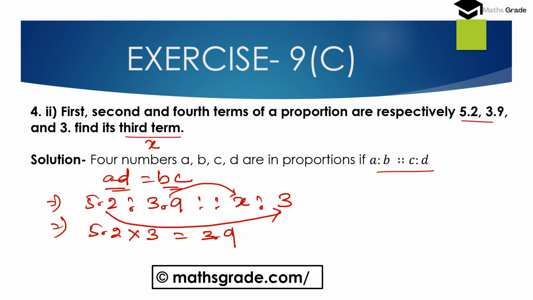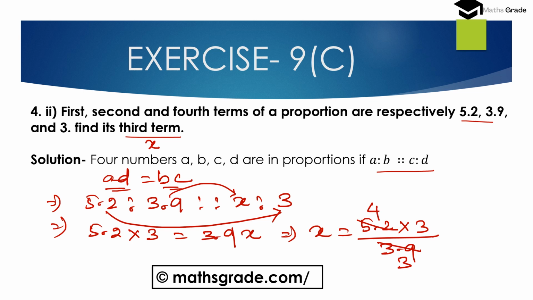3.9 x. Now x will be, here this 3.9 transposed to the left hand side, this multiplication changes to division. So 5.2 multiplied with 3 divided by 3.9. And cancelling 5.2 and 3.9 with 1.3, that is 1.3 multiplied by 3 is 3.9 and 1.3 multiplied by 4 is 5.2.